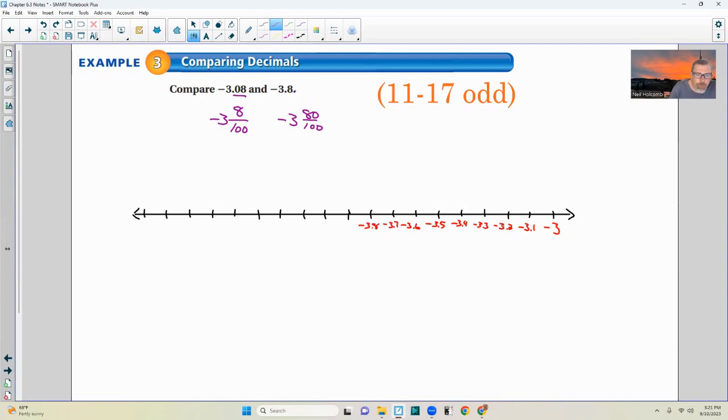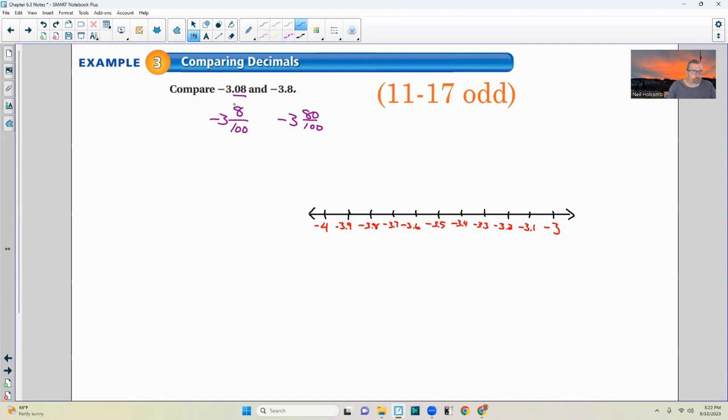Okay, so -3.1, 2, 3, 4, 5, 6, 7, -3.8, -3.9, and -4. Okay, and I'll stop right there. So I really don't need all of these down here. So if I drew the line too long, you can always do this if you want. It's not necessary, but I will just for this. Okay, so there's our number line.